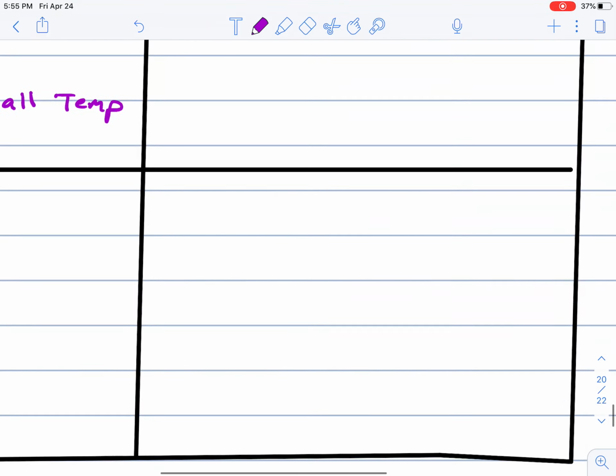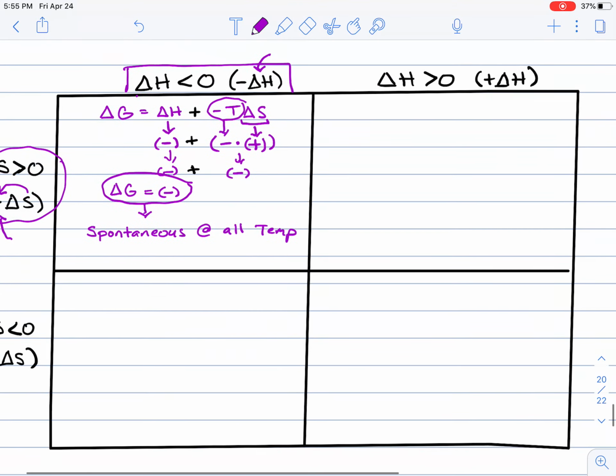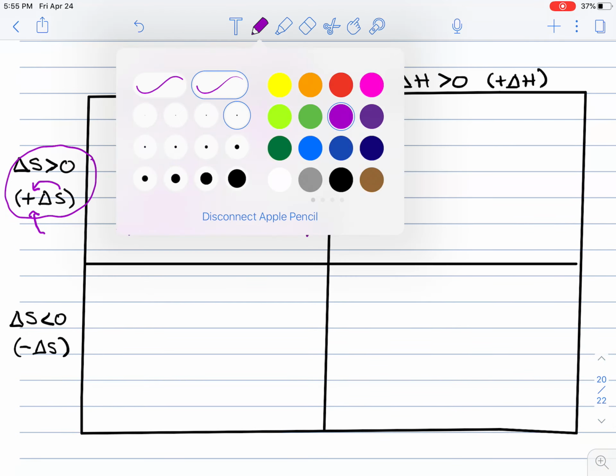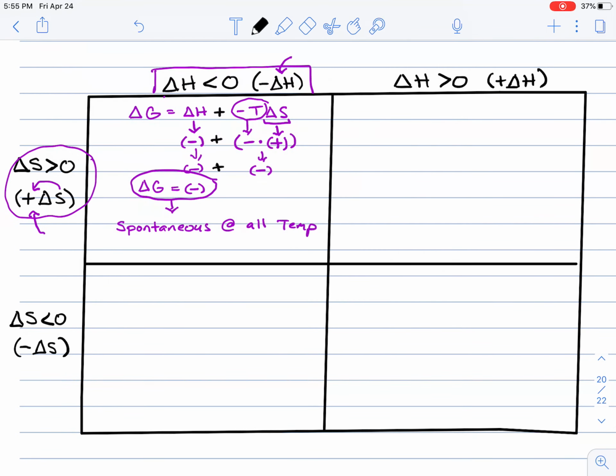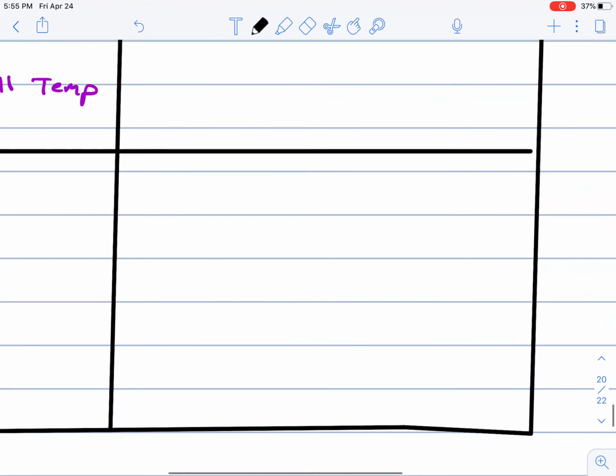So let's go ahead and look at the opposite side, right? I'm going to zoom out here just so we can see what the parameters are. So what would happen if our enthalpy is positive and our entropy is negative? And so once again, we're going to go ahead and write our chemical equation, or I'm sorry, not chemical equation, just an equation.